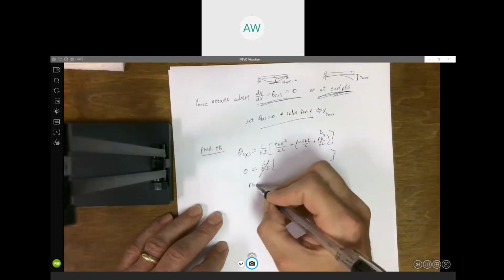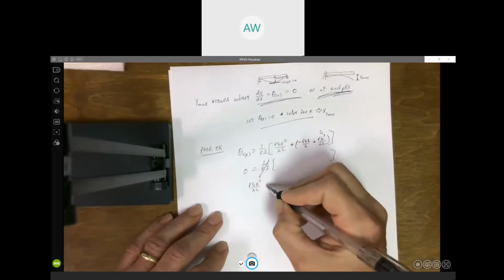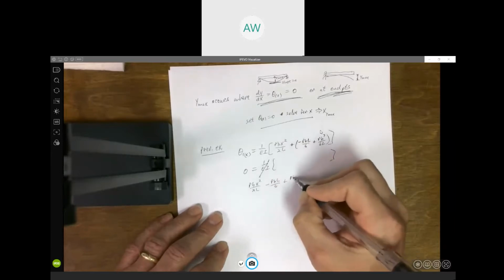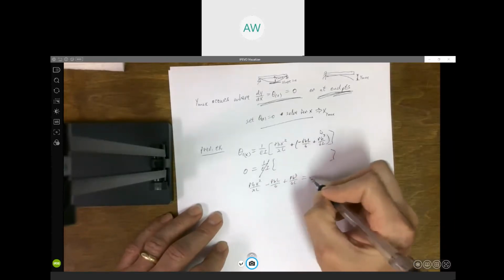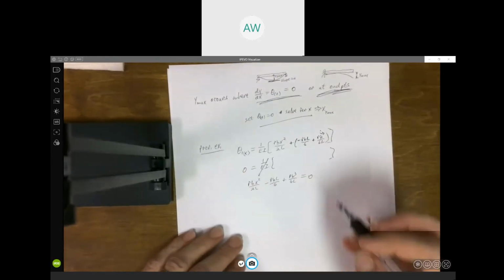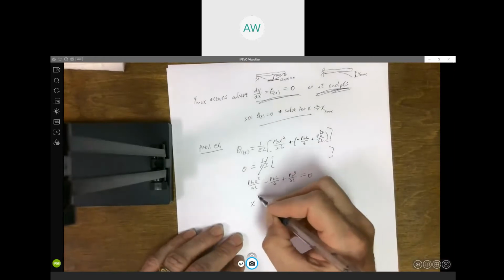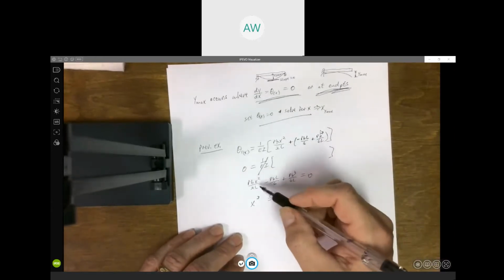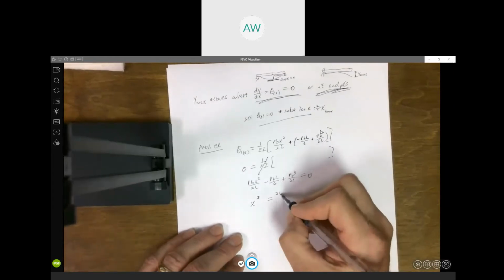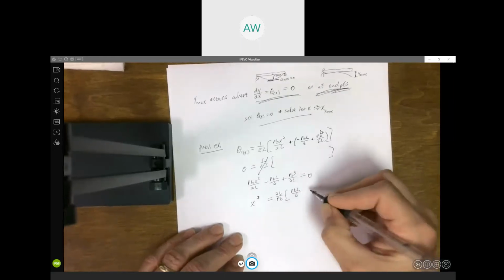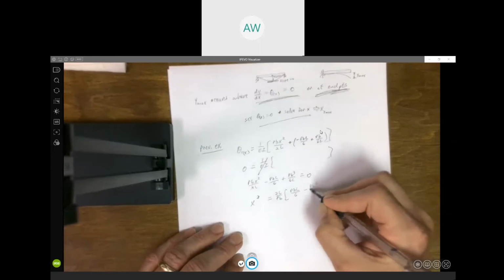So PBx squared over 2L minus PBL over 6 plus PB cubed over 6L equals 0. And we're trying to solve for x. So we're going to move this stuff to the other side, and then I'm going to multiply by 2L and divide by PB. This will be a positive PBL over 6 minus PB cubed over 6L.